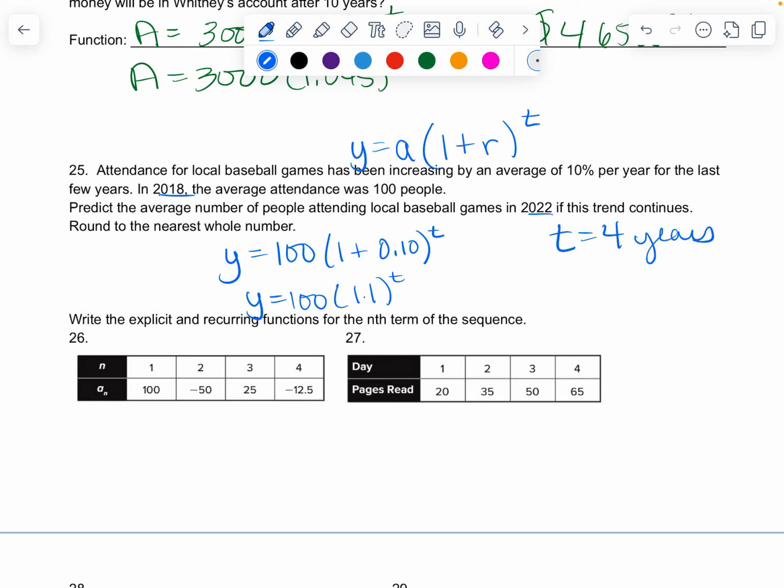So if I plug that into my calculator, 100 times 1.1 raised to the 4th power, it comes up with 146.41. Well, guys, we can't have partial people. So it's only going to be 146 people.